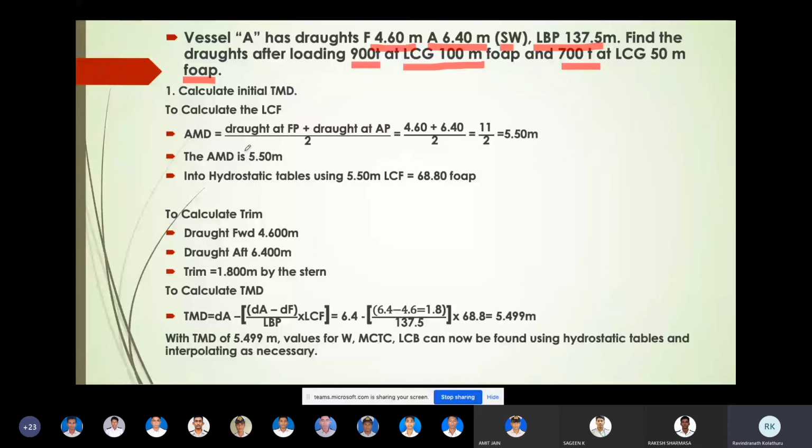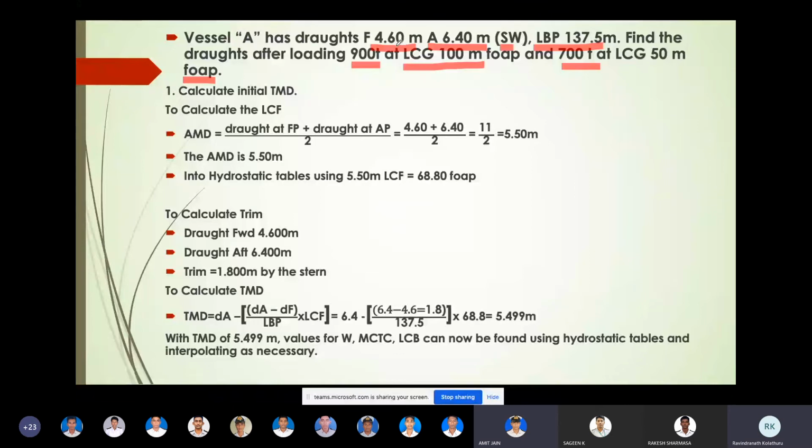Now, what is the change we see here with respect to the other problems which we have discussed? All of you, what is the change we see here in the problem? The initial displacement is not given.